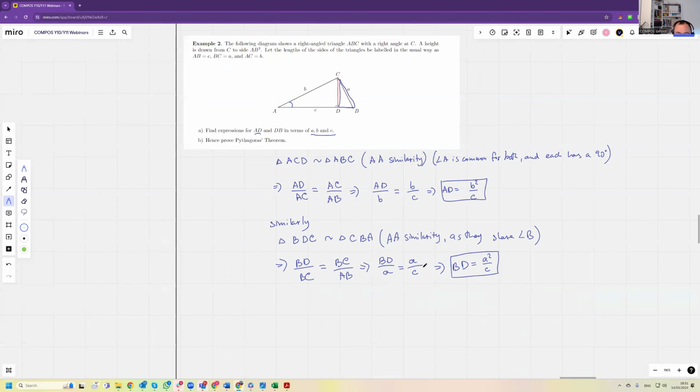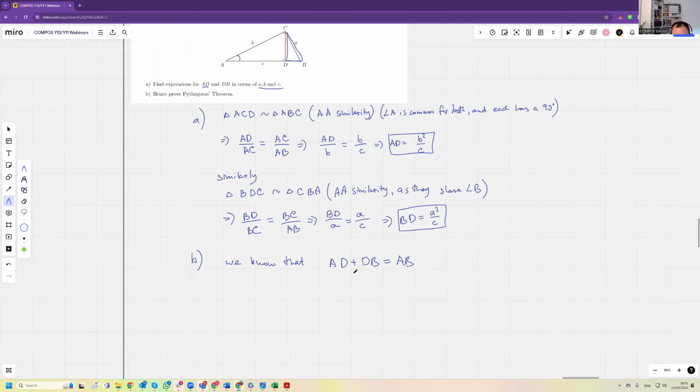Nice. Finally, this is part A done. Part B, hence prove the Pythagoras theorem. Well, we know that AD plus DB is equal to AB, correct? And now all we need to do is substitute.